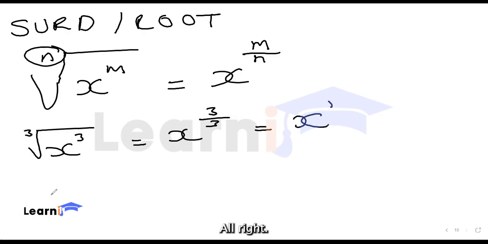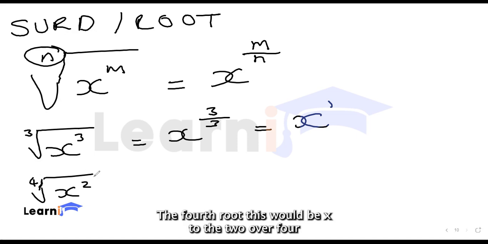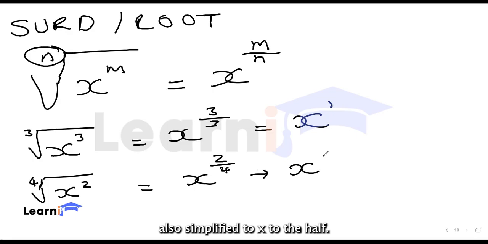If I had x squared and I was trying to find the fourth root of that, this would be x to the 2 over 4, also simplified to x to the half. If we had a number, that would also work.